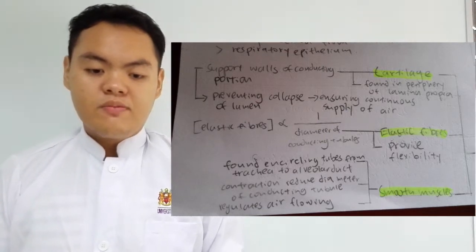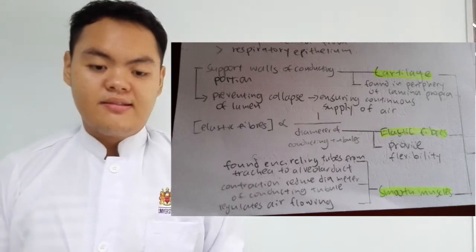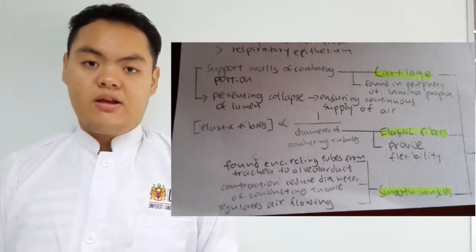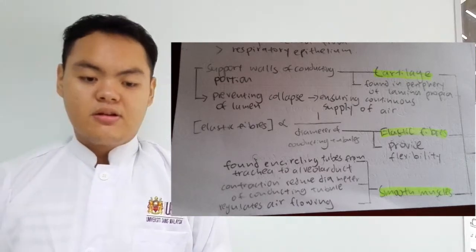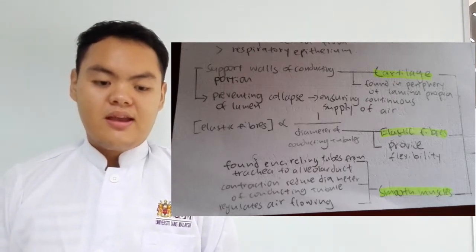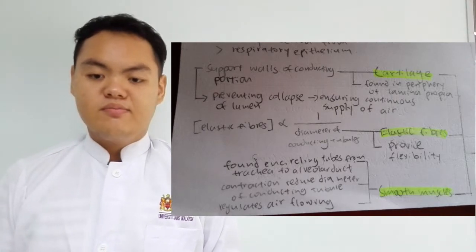And smooth muscles are found encircling the tubes from the trachea to the alveolar duct. The contraction of the smooth muscle will reduce the diameter of the conducting tubule and regulate the airflow.